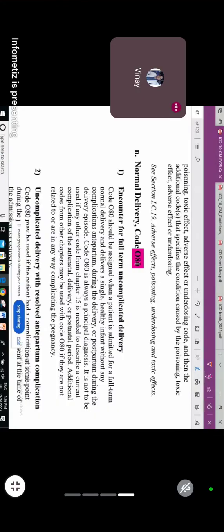Correct? So here, what is that? This is full term. Full 9 months, almost like 38 to 40 weeks. Deliver a single healthy infant without any complication antepartum or during the delivery or postpartum. Postpartum we'll decide later.